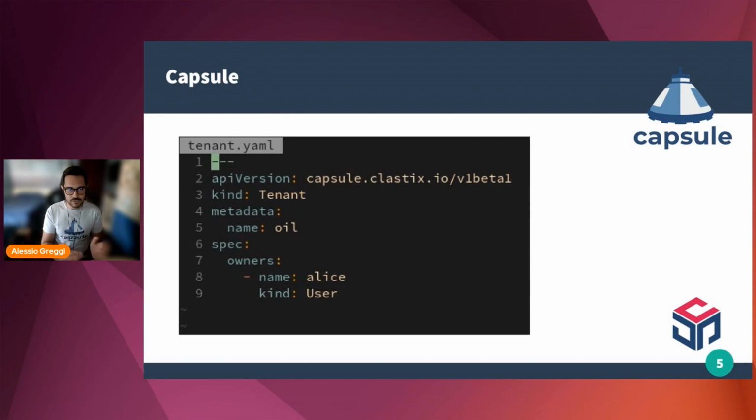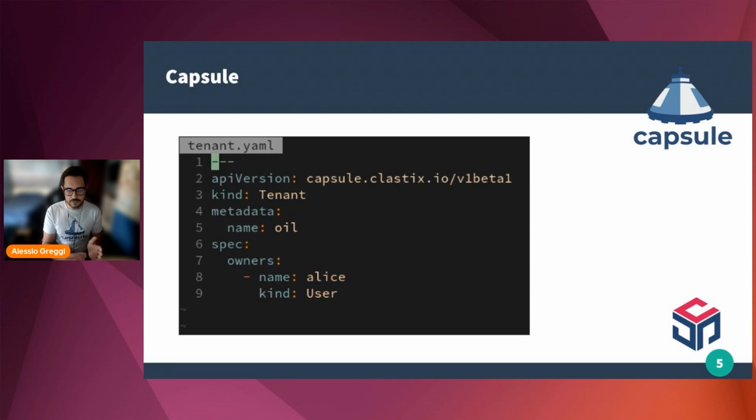So we have to assign a name and an owner to the tenant. But of course, we can also assign more parameters to the tenant. So a possible example that we can have is the parameter to limit the namespaces that a tenant can have.